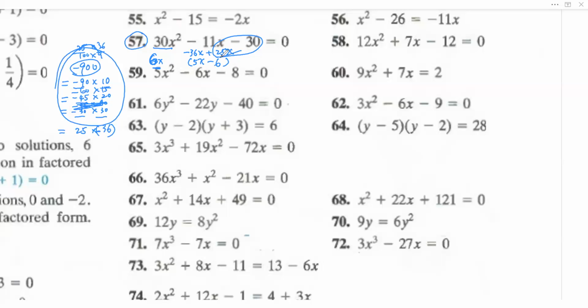And the second group here, we take 5 out. And the rest is 5x minus 6. So this one's answer is here: 6x. Let's double check it. Double check is an important step. 30x squared, right? Negative 36x, 25x. So you get negative 11x. And the last, negative 30. Yeah, it takes a little bit longer.